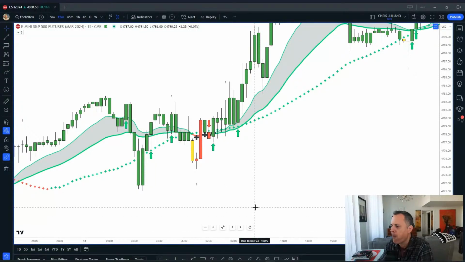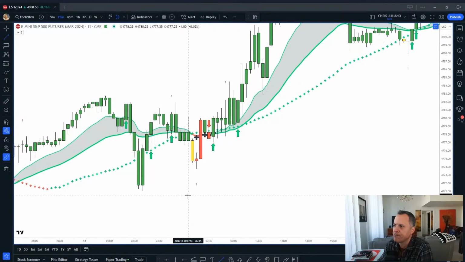Let me grab the little line tool here. Do you see the wick at the top of the candle there? What you're going to do is take the entry right at the top of that candle, like one tick above.